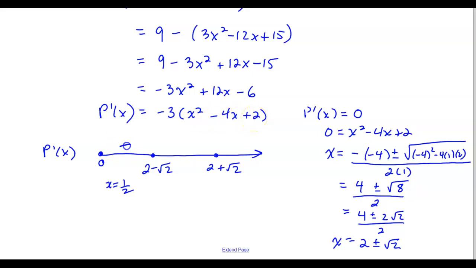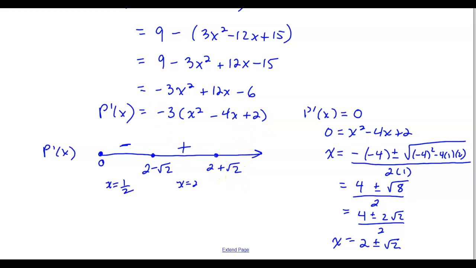So overall, that's a negative. And then 2 would work. So x equals 2. 4 minus 8 is negative 4, plus 2 is negative 2. A negative times a negative is a positive.